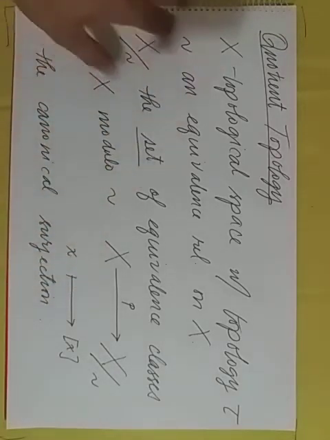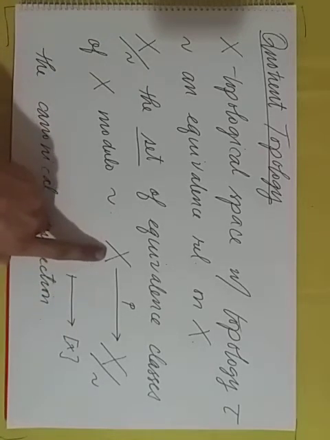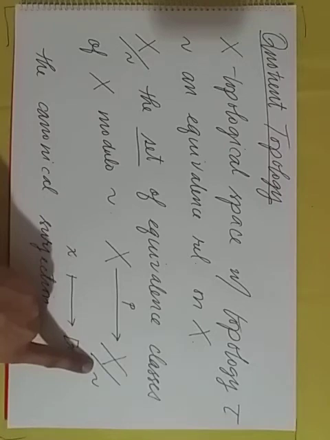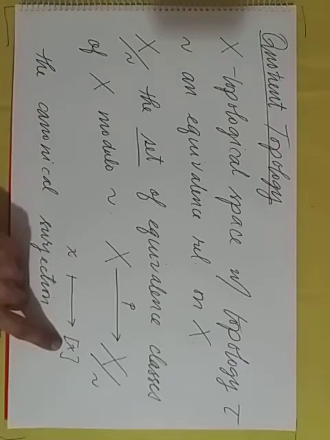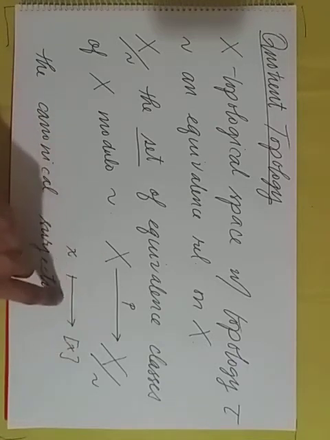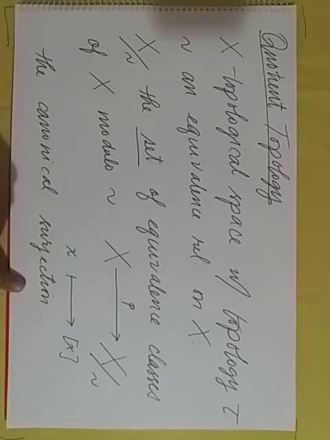Associated to this setup, we have this map P from X to X mod tilde, the map that sends x to its equivalence class. And obviously, this map is surjective. This is what we call the canonical surjection.